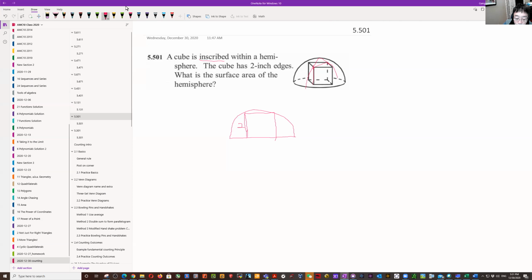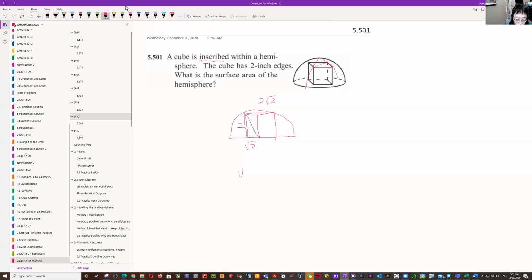And this, because it's diagonal, will not be 2. It's going to be 2 square root of 2. So we take half of it from here. This passes through the center, so it's going to be square root of 2. So basically, we are able to use this shape to find the radius of this semi-sphere.